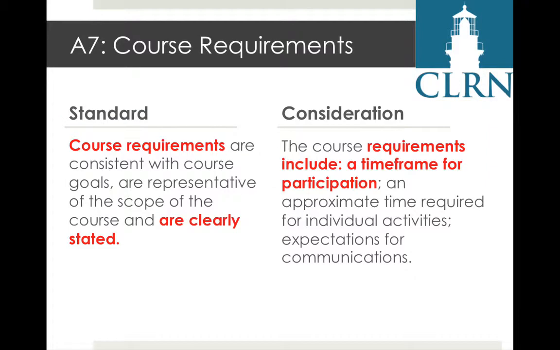Standard A7, Course Requirements, addresses whether the course requirements are clearly stated and are consistent with course goals. The consideration asks that you determine if there's a time frame for participating, an approximate time for each activity, and expectations for communications.